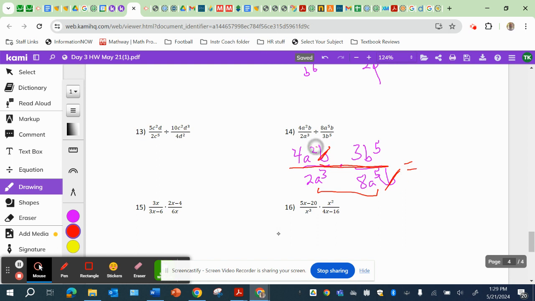So 2 of them cancel out here, makes that a 1. So I'm going to have a to the 6th. Still have b to the 5th. Now I got that all taken care of. 2 goes into 4, and 2 goes into 8. So we end up with 3/4.